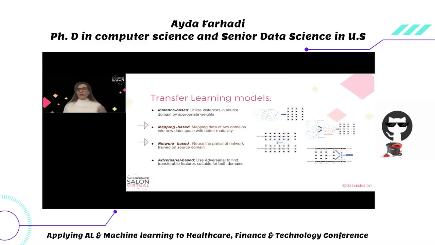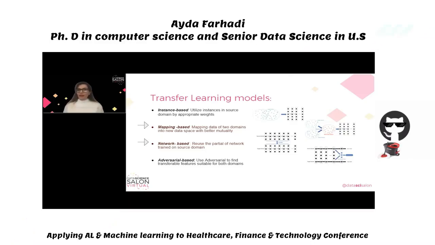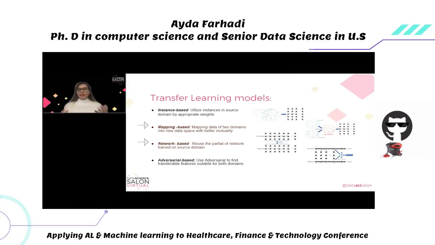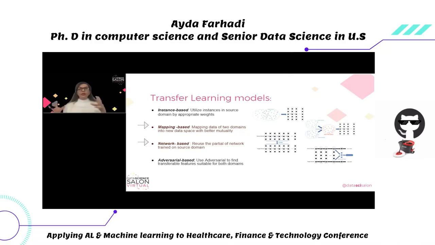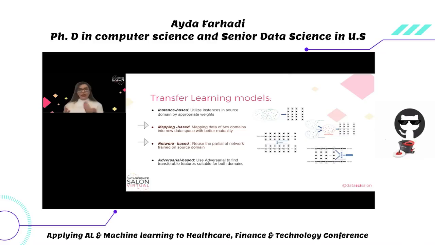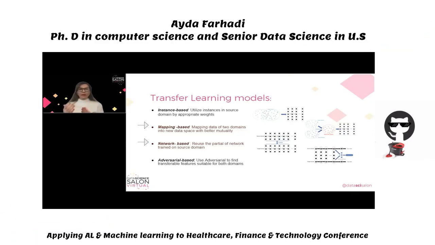And the other one is mapping-based transfer learning, which I have seen used a lot, specifically for images. In that sense, we are trying to map the source and the target into a new space such that the difference between features gets smaller. And there are some statistical ways that I actually used in my thesis in order to reduce this distance between source and target.